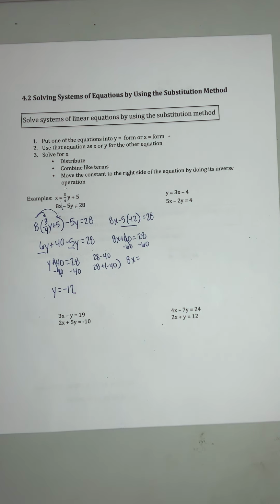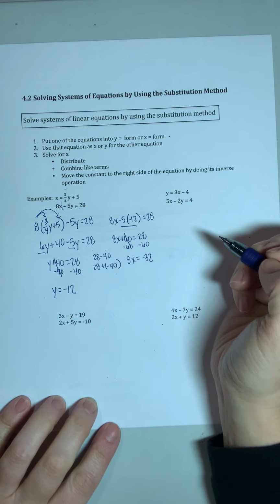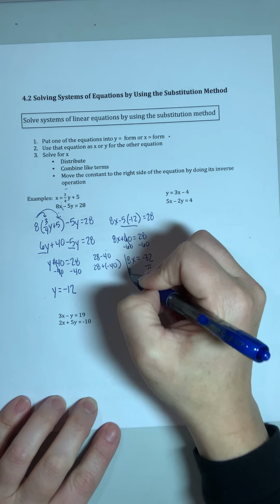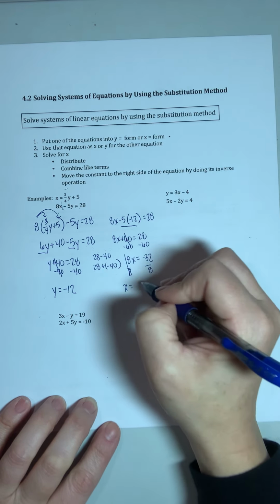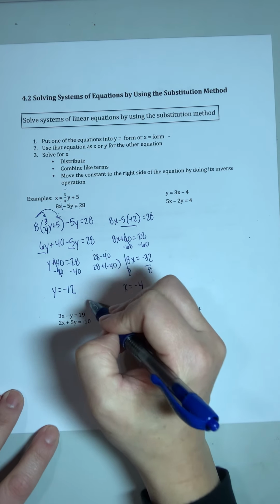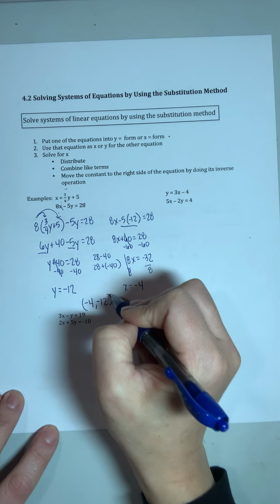No. 60 minus 28 is 32. So I'd get negative 32. Divide both sides by 8. x equals negative 4. So your final answer is negative 4, negative 12.